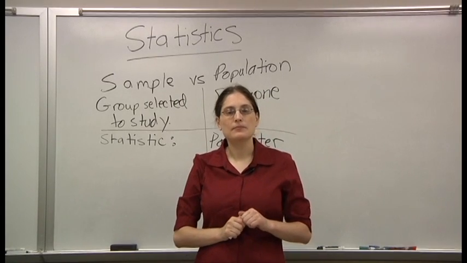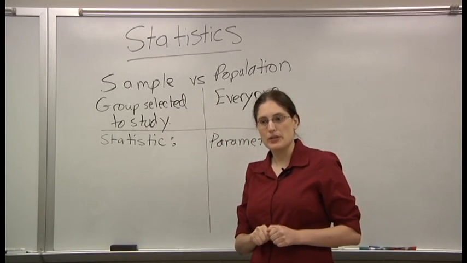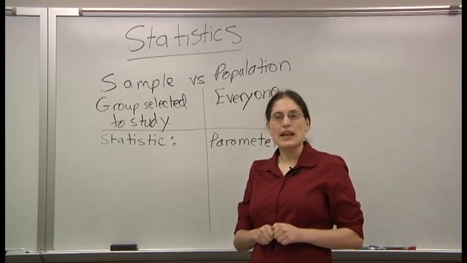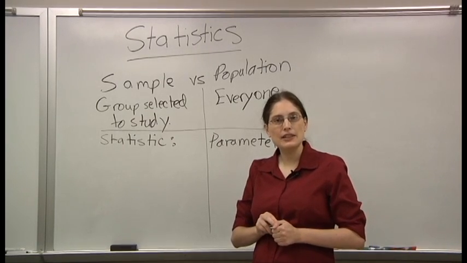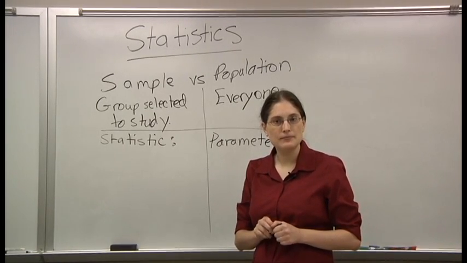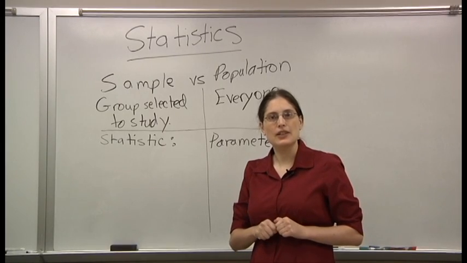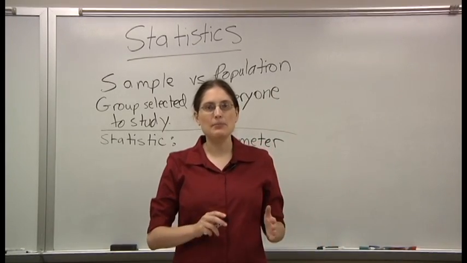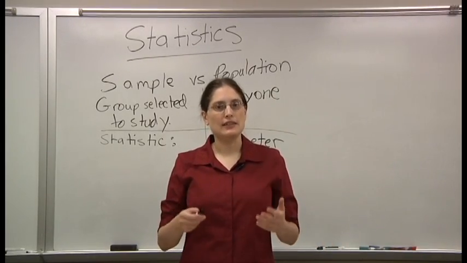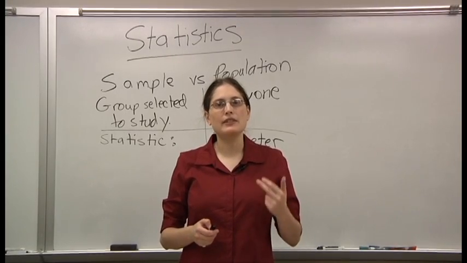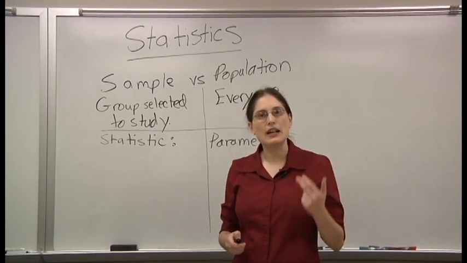For example, I surveyed 300 people, and 36% of them have a cat. 36% of my sample has a cat. That's a statistic. It's a precise number based on a sample.